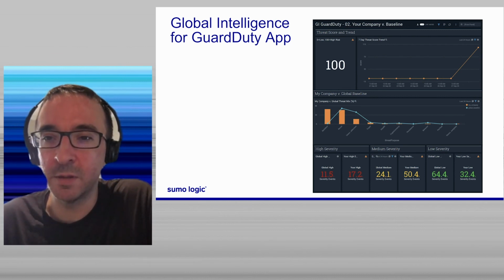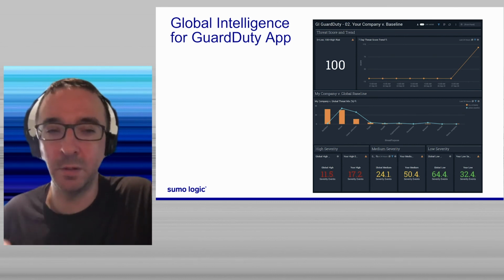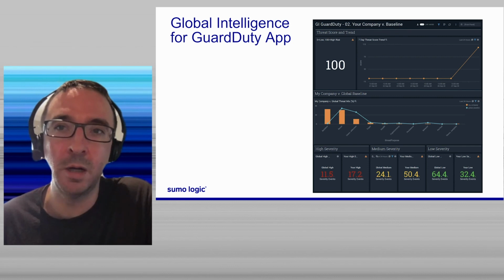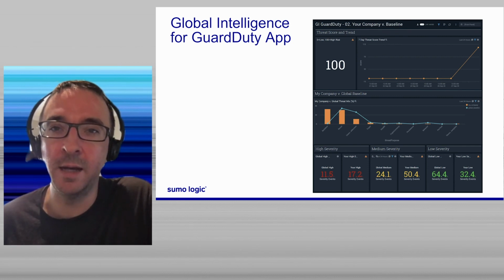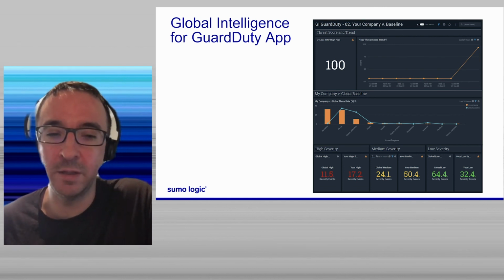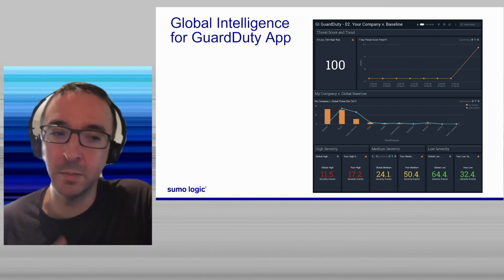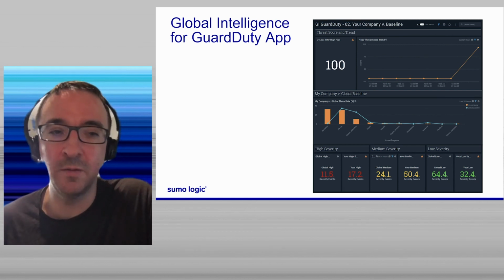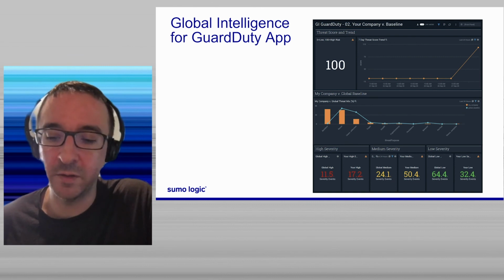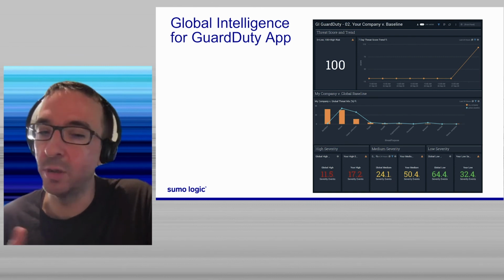And this plot at the top gives you what we try to boil up into a holistic risk or posture score based on your GuardDuty alerts. This takes into account the severity as well as rarity, how common and prevalent the alerts are, and boils it down into a single compressed number score that you can examine on a day-to-day or week-over-week basis.